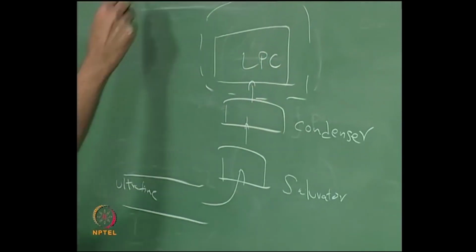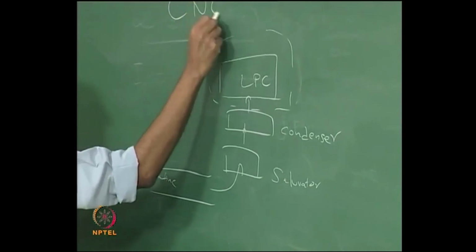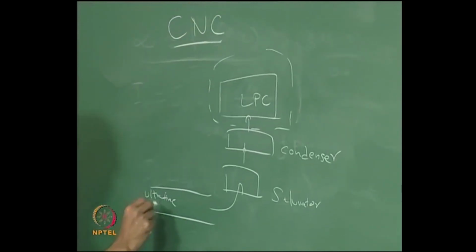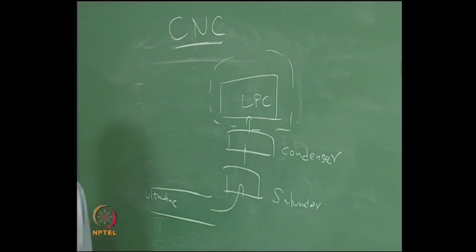So in a condensation nuclei counter or CNC, the part that we have added is really this upstream part.